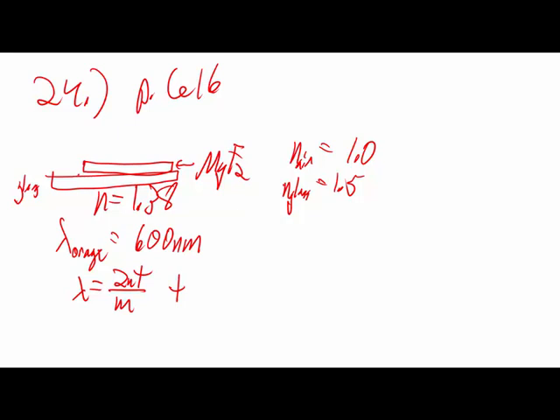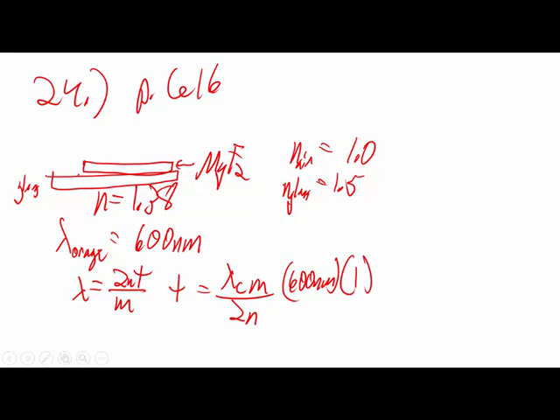So we solve it for that, and so it is lambda times m over 2n, all right? So we have, and we choose 1 for the maxima, okay? All right, maxima 1. All right, so the wavelength was 600 nanometers.